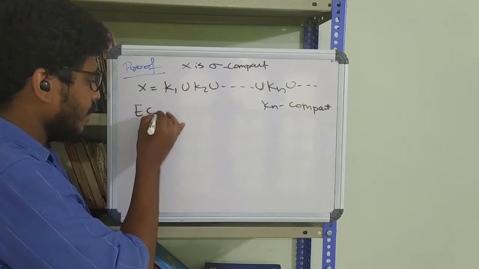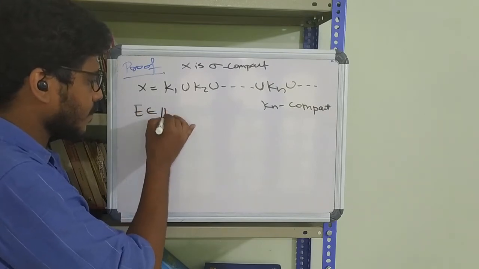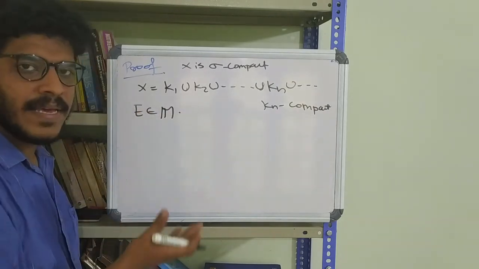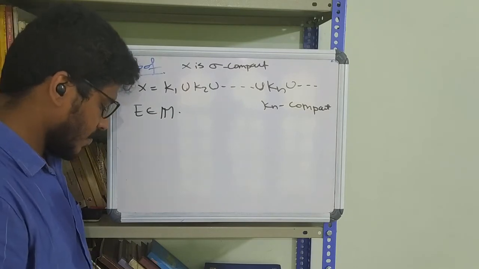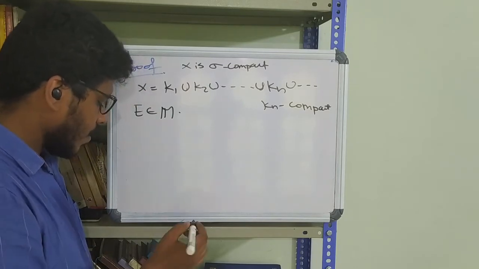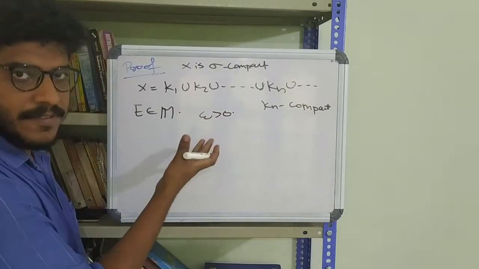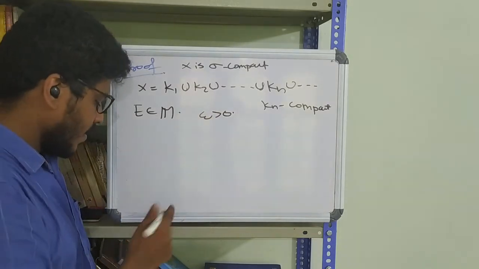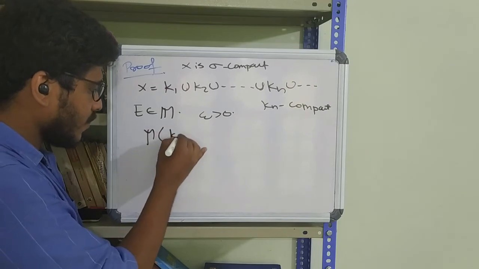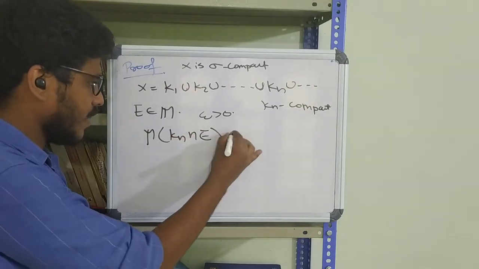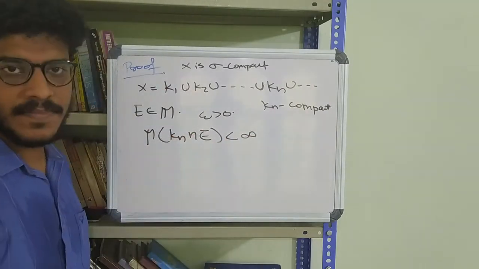If E is any measurable set, or let E be an element of the sigma algebra M, and epsilon be positive and arbitrary, then the measure of Kn intersection E is finite.